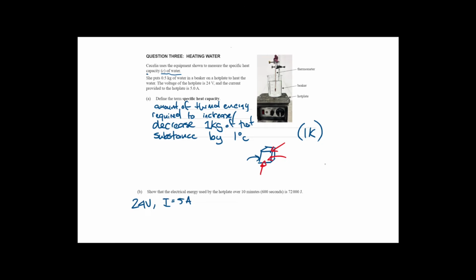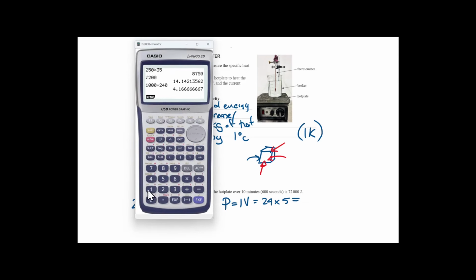So that's up here. All right, so that means that the power that it puts out is, of course, IV, which is going to be 24 times 5, so 120 watts.